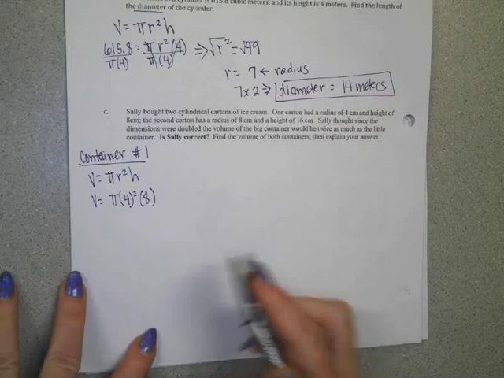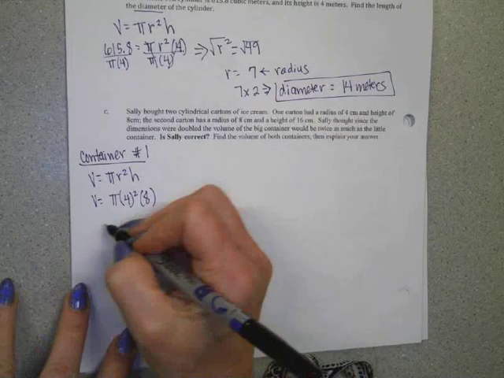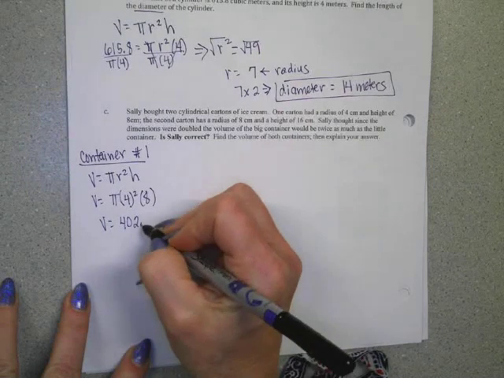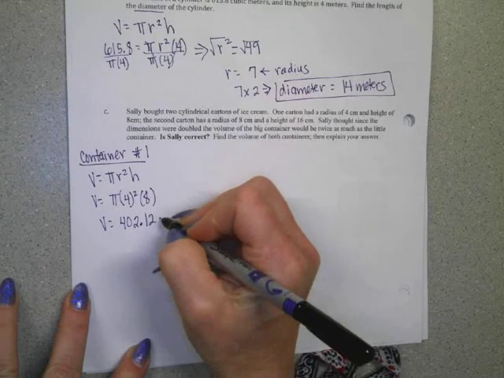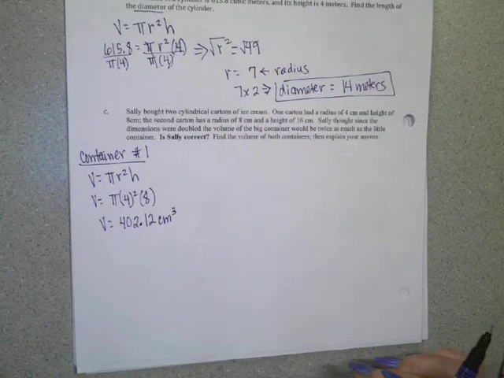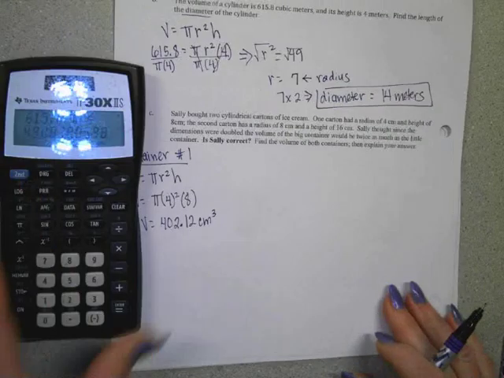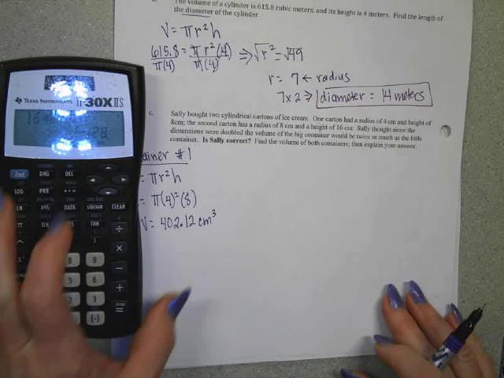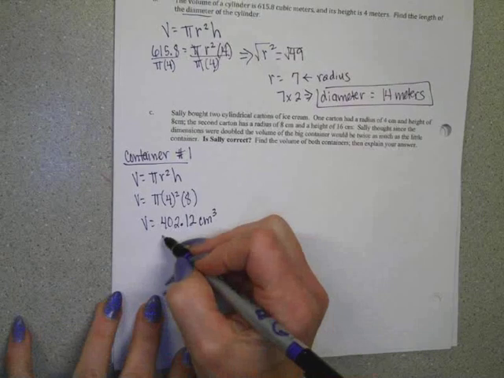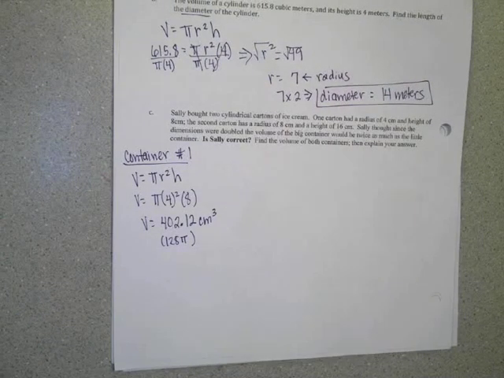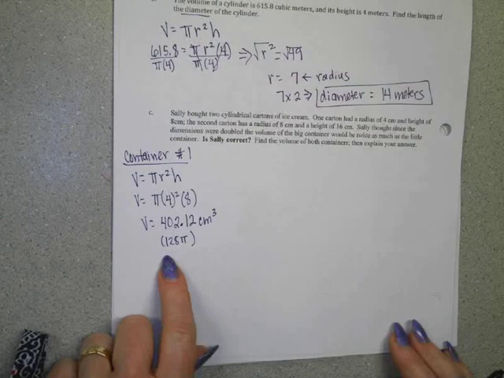When I multiply it out, I get 402.12 centimeters cubed. Now I could have also just done 4 squared, which is 16, times 8, and I could have left this as 128 pi for its exact, right? I just want to remember that for when I go to talk about whether it's doubled or not.